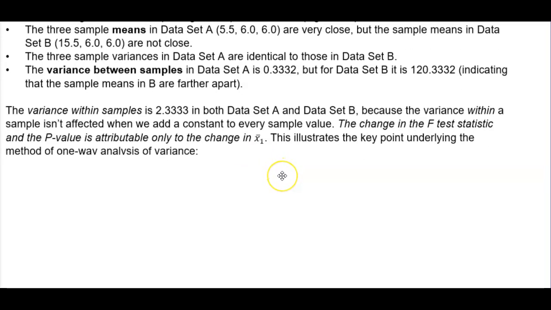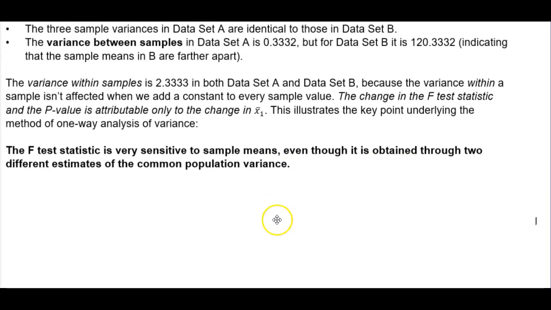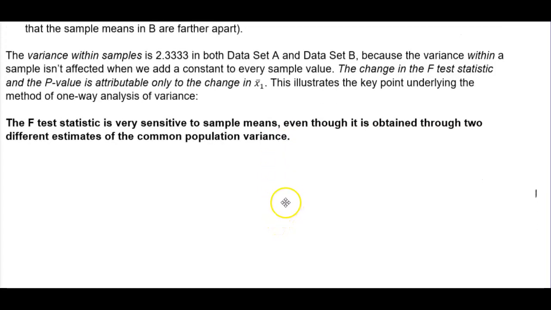This illustrates the key point underlying the method of one-way analysis of variance. The F test statistic is very sensitive to sample means, even though it is obtained through two different estimates of the common population variance.